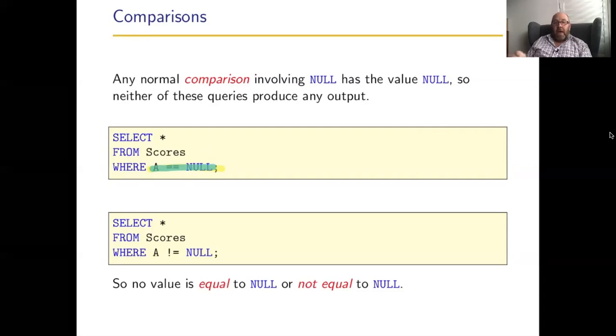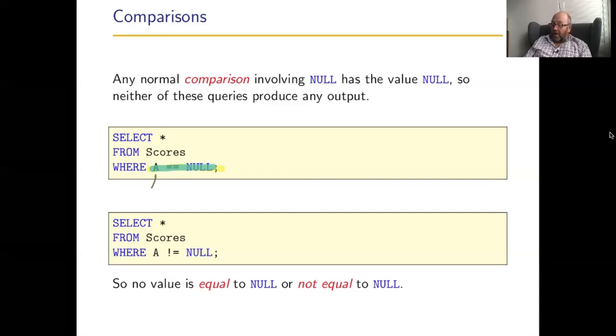Well, if A has a value like 4 or something like that, then of course, we can't tell because we don't know whether A is null. We don't know whether the unknown value is equal to 4. But this will fail even if A has the value null, which also makes sense. So you have to think about it a bit harder.